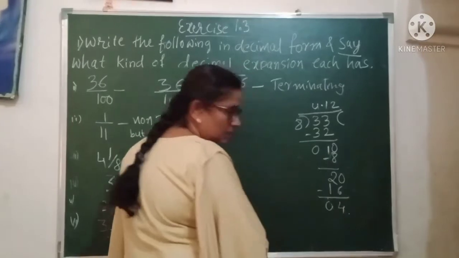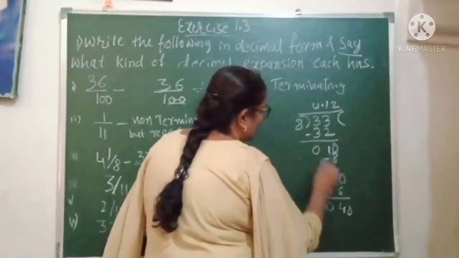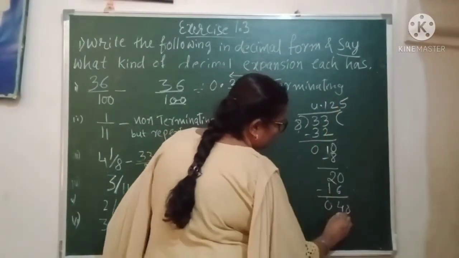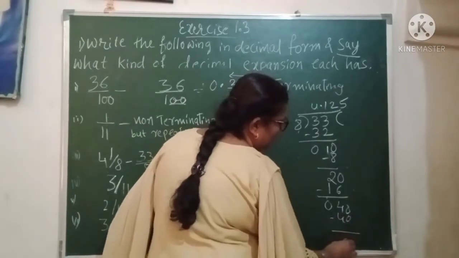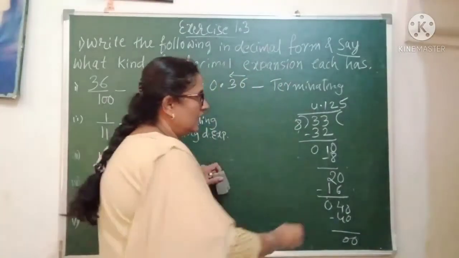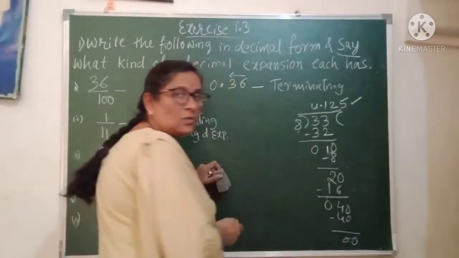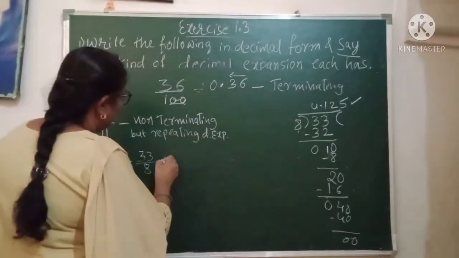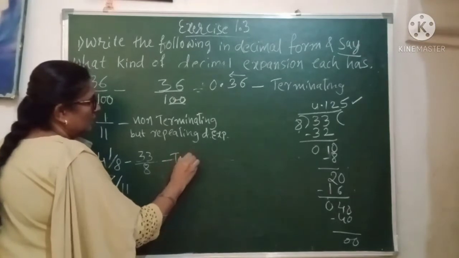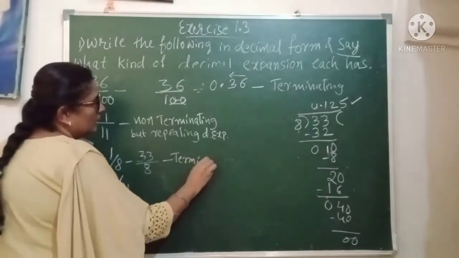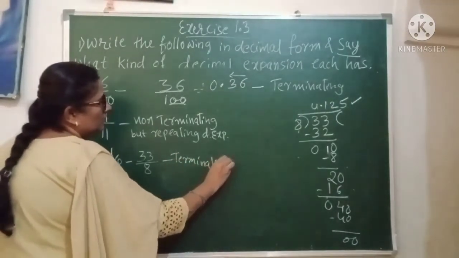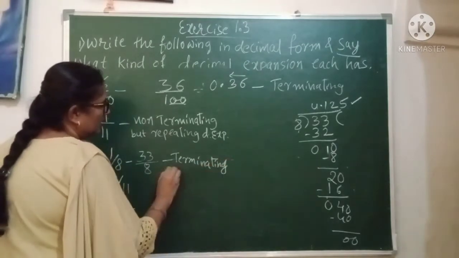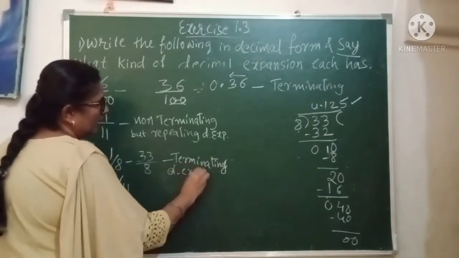One more 0 we take. Then 8 5s are 40. That means we got the remainder as 0, so it has terminated. Division has stopped because once you get remainder 0, we call it terminating. This is very simple. You say terminating decimal expansion. You can write that.